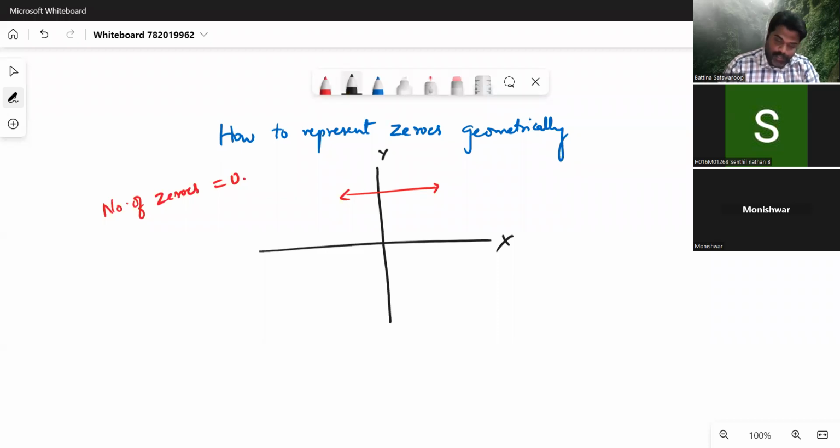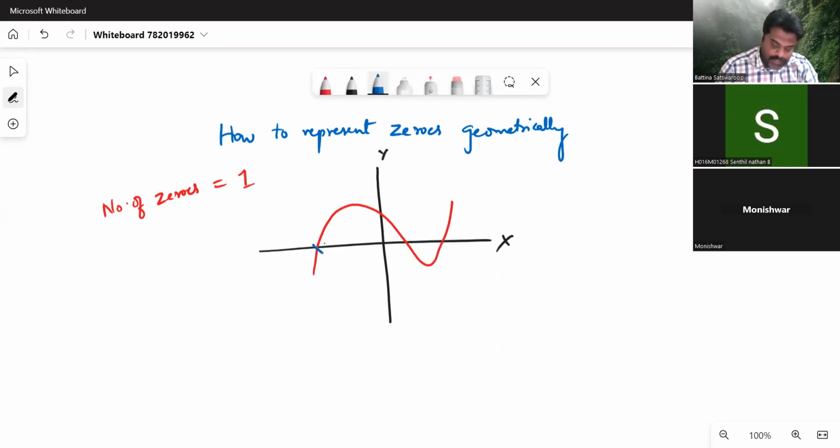Suppose I give you a graph like this. Now how many zeros are there? One, sir. This graph touches the x-axis at one place, this place. The number of zeros will be 1. Suppose, let us say, how many zeros are there here?